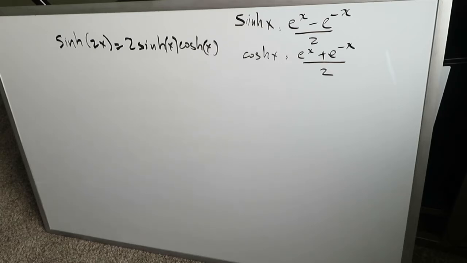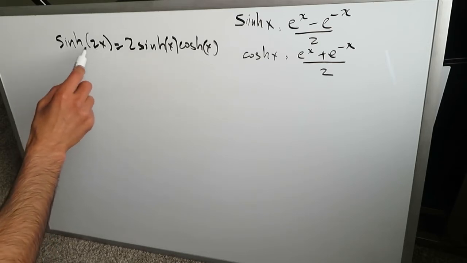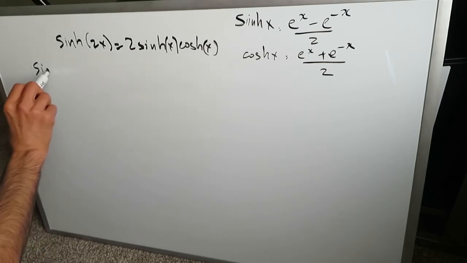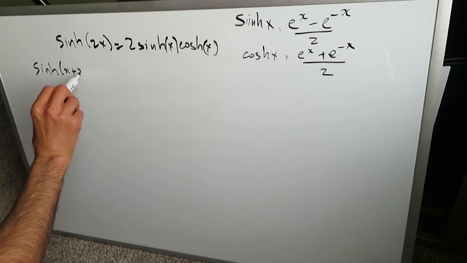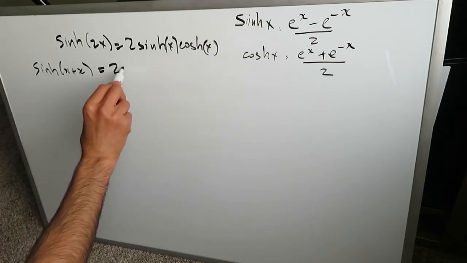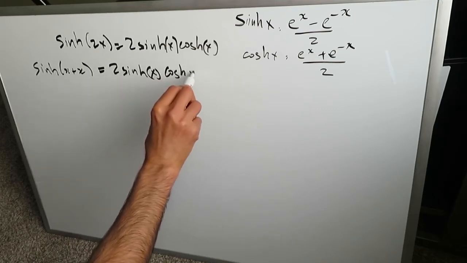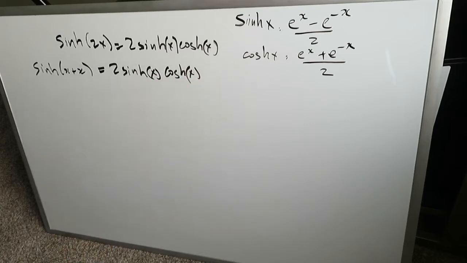The trick over here is to work on both sides simultaneously. You know sine h2x is the same thing as saying sine h of x plus x. And you know here's the sum formula for sine. You can write this out as 2 sine hx and cosine hx. You can still keep this unchanged.